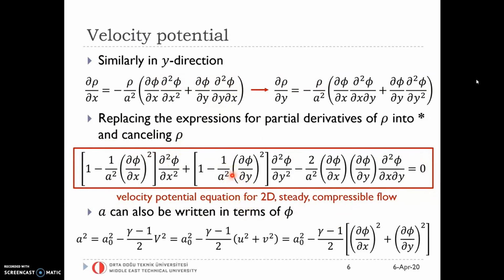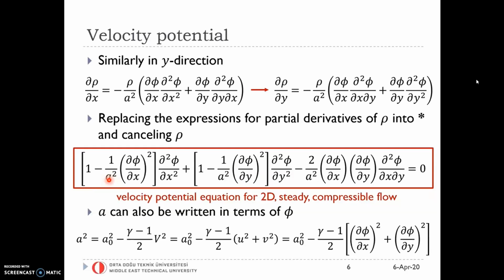So I need to do one more thing in order to get rid of the speed of sound, because I just want to have one variable to be solved for in this single equation, and here a square is not a constant, of course, so I need to represent it in terms of velocity potential and some constants if possible.